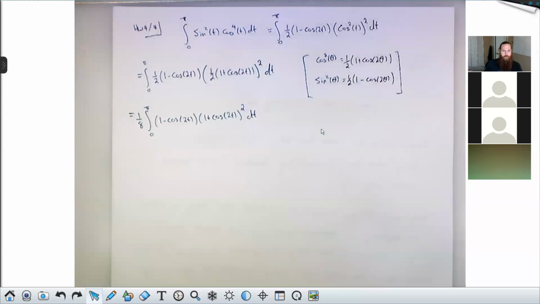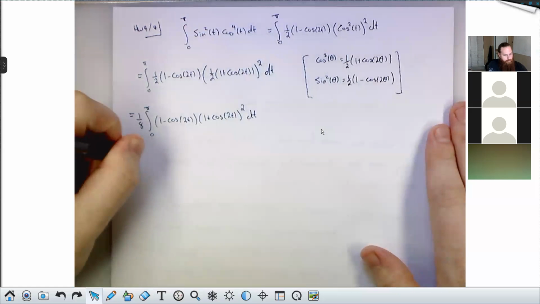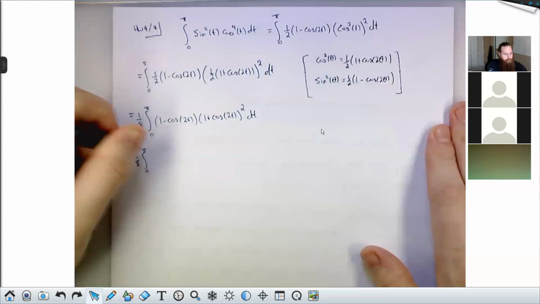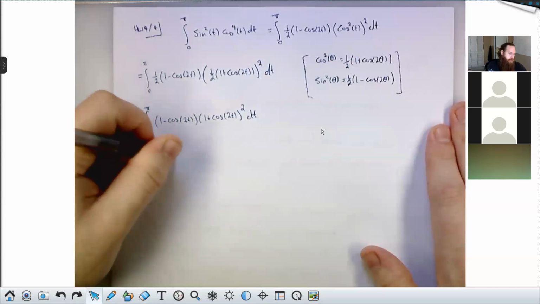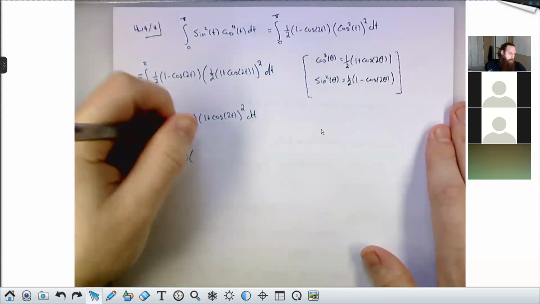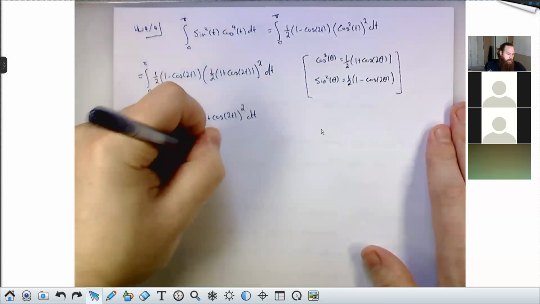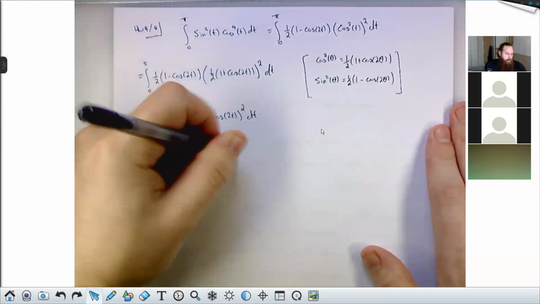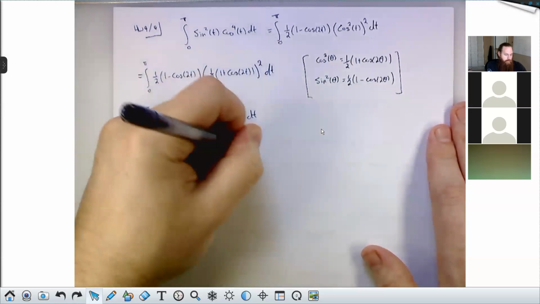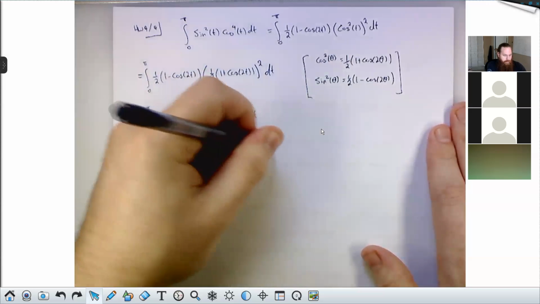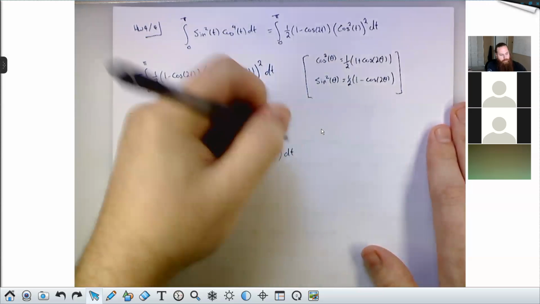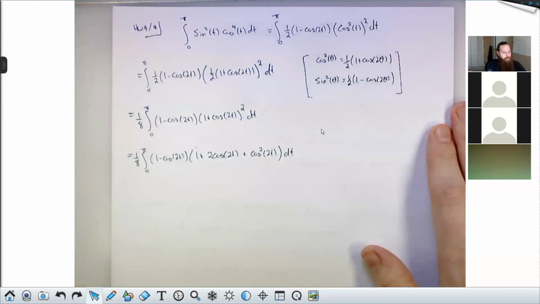And then from here, I have to FOIL out that second chunk, then distribute the first chunk over it. So I'll get 1/8 integral 0 to pi of 1 minus cos 2t times, foiling this, 1 plus 2 cos 2t plus cos squared of 2t dt. And then I'll distribute this over this.